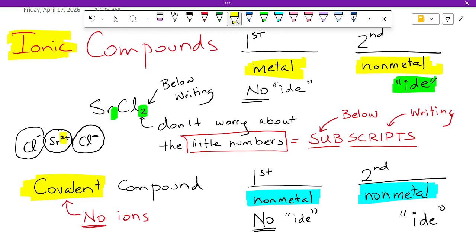And if I need to balance out 2+, I need a -1 and another -1. Don't worry about that too much right now, okay? That's the reason I don't need to tell you anything in the name about the little numbers, because as a chemist, I know what the charges are and I know I have to balance those charges out so that they're equal. We'll get to that later. So don't worry if you didn't catch that now. Okay?